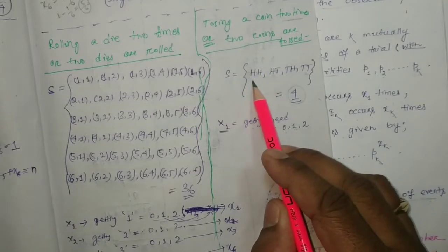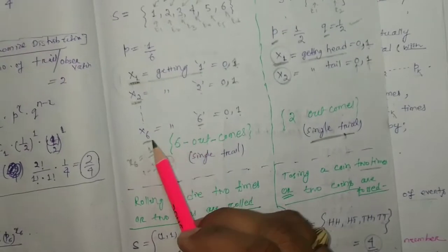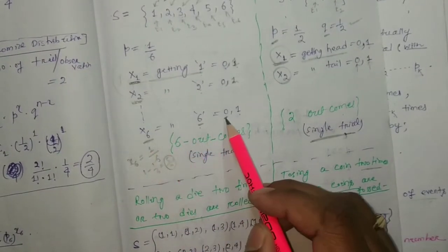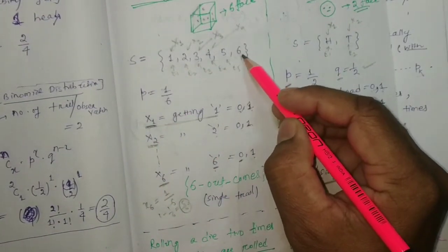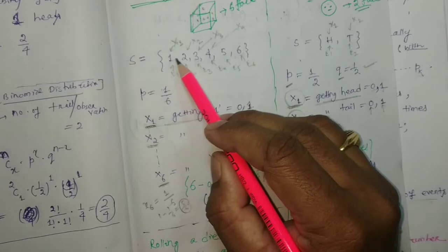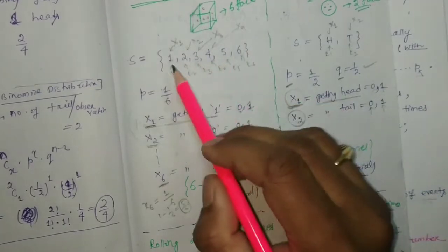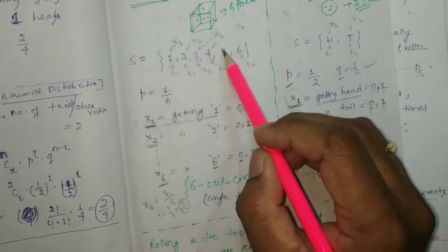As I told, if we consider 0, that means getting 6 zero times. So instead of this, all are other numbers. This one belongs to 6, and these are 1 2 3 4 5. So what are the points? 5 divided by 6.